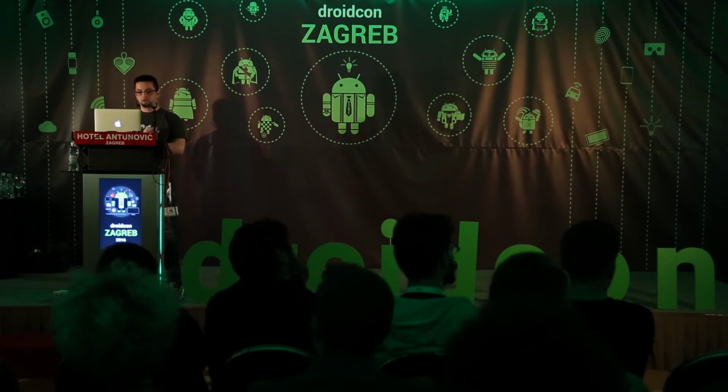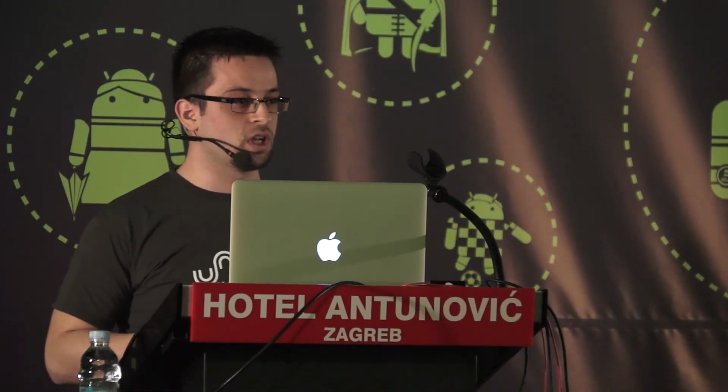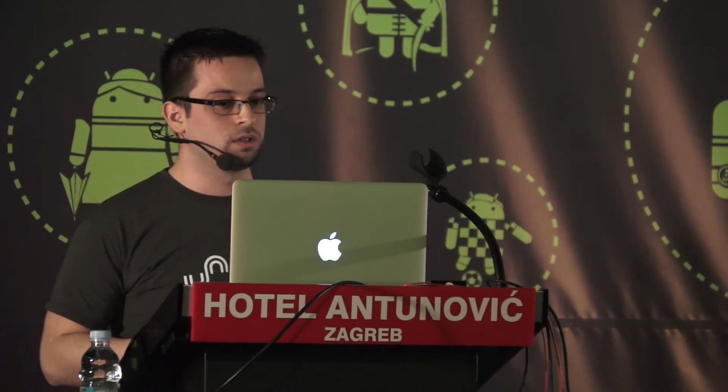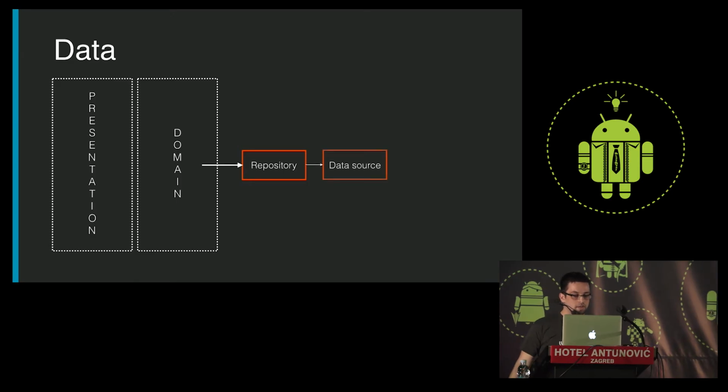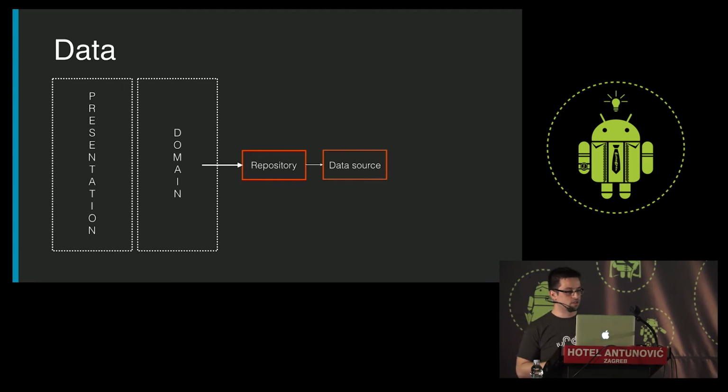Okay, the data layer. As said before, this is where your data provider implementations and repository implementations are. Basically, this layer is based on the repository pattern itself, and these repository implementations are implementations of the abstraction defined in the domain layer. This repository also has a reference to another abstraction, which is a data source.